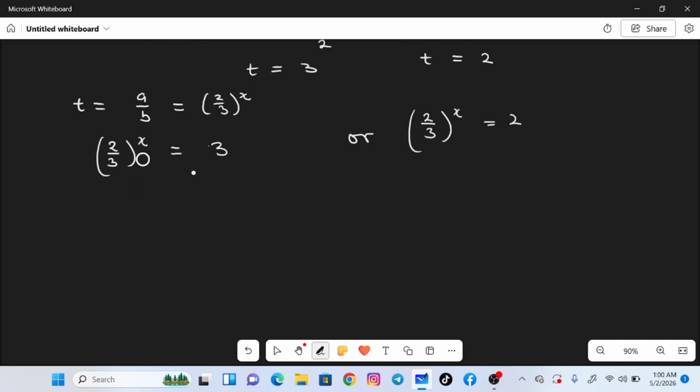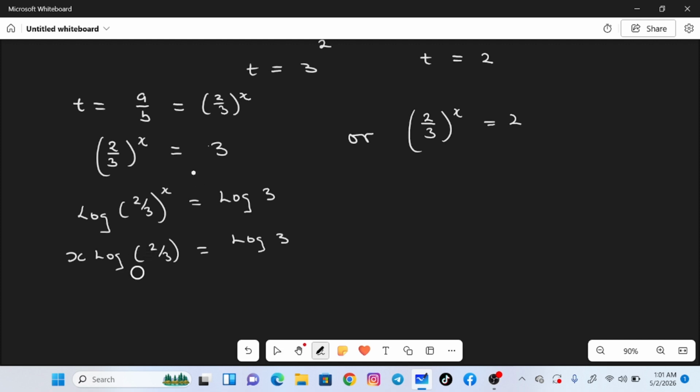For us to solve x, take log of both sides. Log of 2 over 3 raised to power x equal to log 3. X log 2 over 3 equal to log 3. Divide both sides by log 2 over 3.